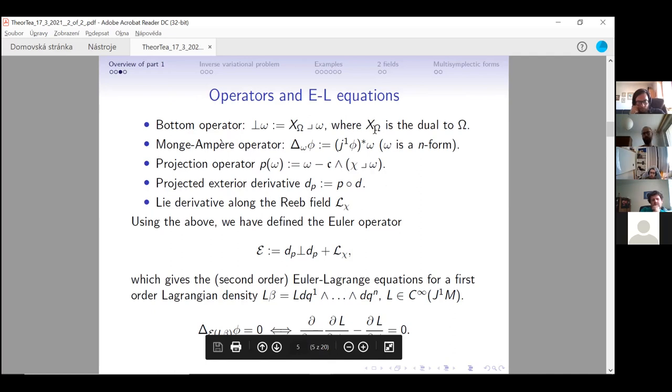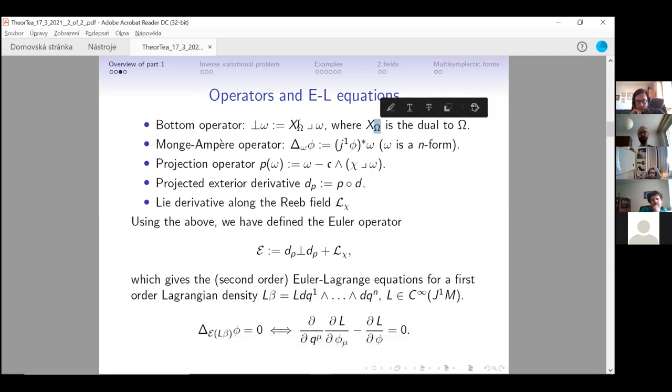And once we have the two-vector field, we can consider the contractions with an arbitrary form, so that everything is consistent. If the form to be contracted with is a one-form, the definition simply says the bottom of such a form is 0 automatically.